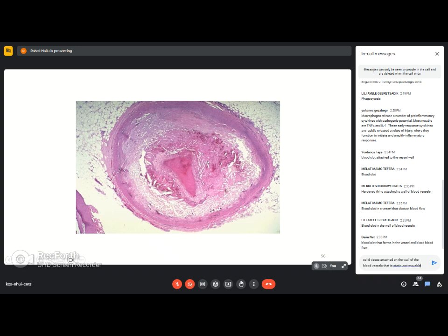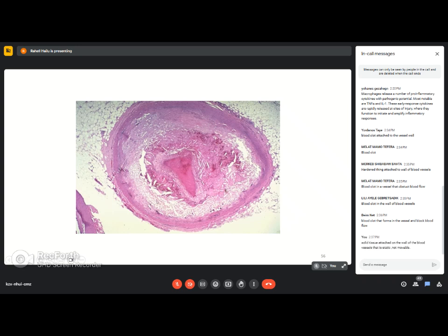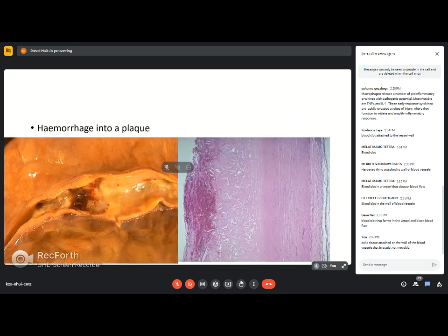And here you see these crystal forms, they're called cholesterol crystals, and basically it has ruptured and completely occluded the lumen of the vessel. This is a rupture. Here, hemorrhage into a plaque.